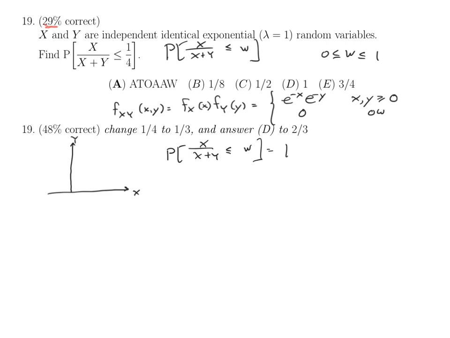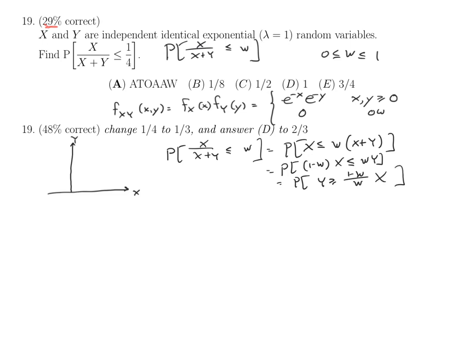This is the probability X is less than or equal to w times X plus Y. This is the probability 1 minus w times X is less than or equal to w times Y. And this is the probability that Y is greater than or equal to 1 minus w over w times X.